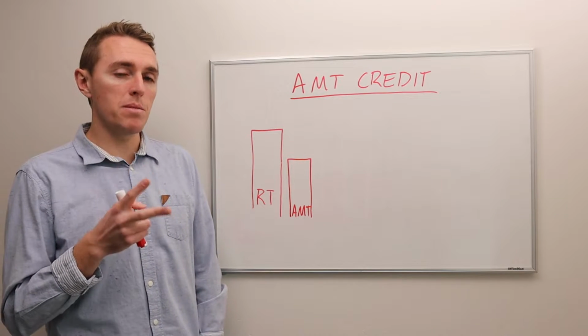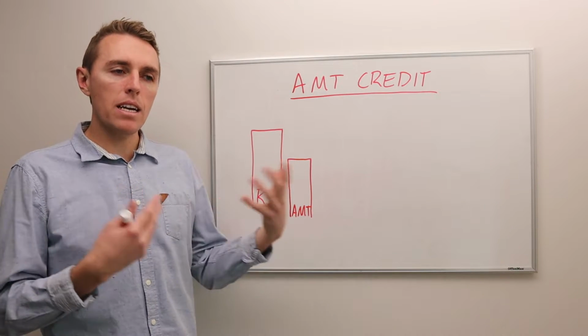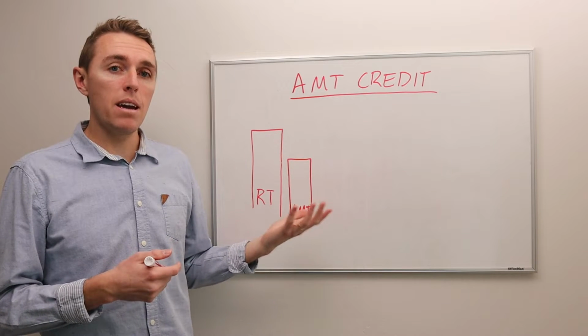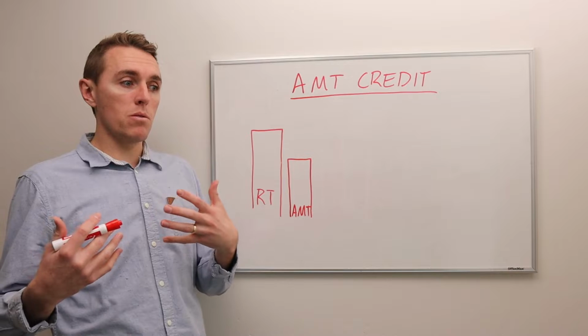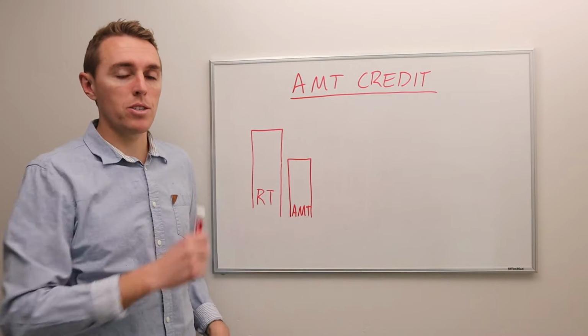The second thing that comes to mind is there is a tax planning strategy out there called AMT crossover. And while it may make sense in some years, it might also not make sense in other years, like when you're trying to recoup the credit.